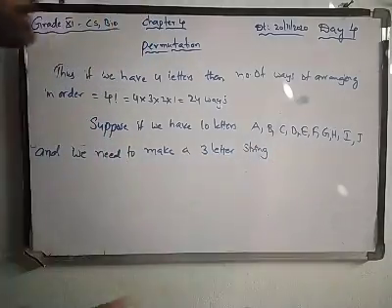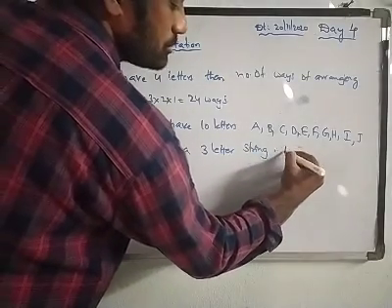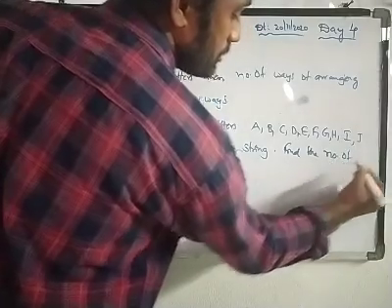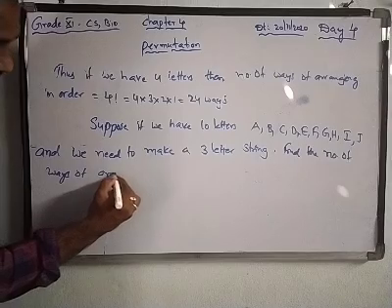So I need to make a 3-letter word, a 3-letter string. Find the number of ways of arranging.